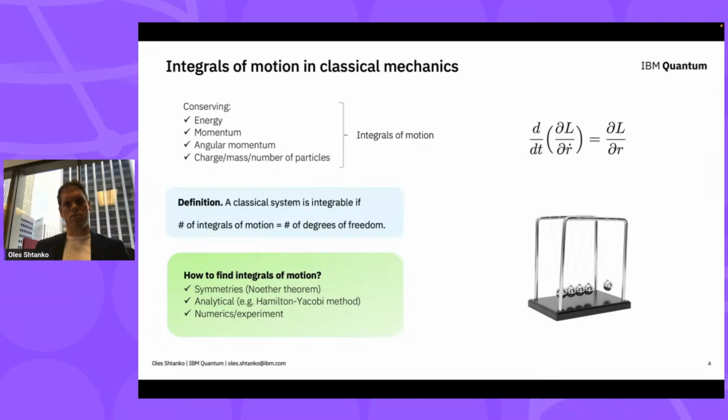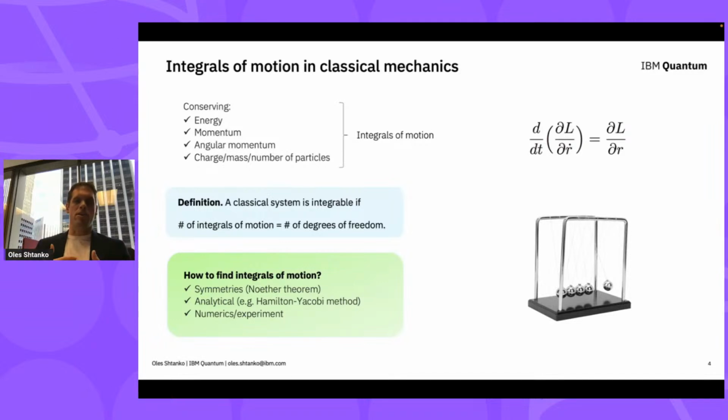Why is it useful to find integrals of motion? Every time you define a single integral of motion, you reduce the number of equations you need to solve by one. And this essentially means if you have a classical system that has a number of integrals of motion equal to the number of degrees of freedom, or the number of equations you need to solve, your problem is done.